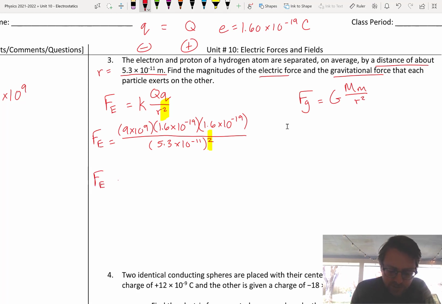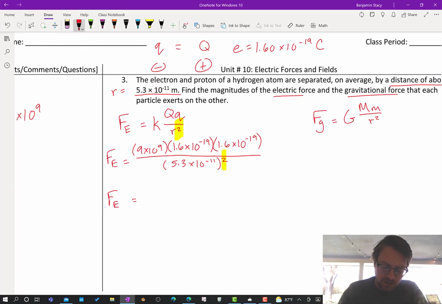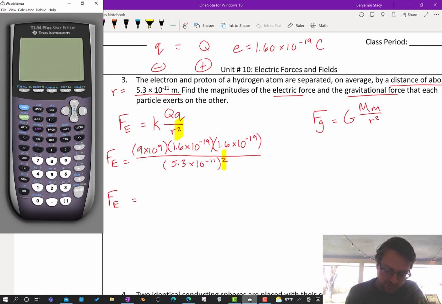All right, this time I'm just going to look at my prefixes, multiplying those prefix values. So up top I've got 9. Follow along with the calculator. 9 times 1.6 times 1.6, which should be the same as 9 times 1.6 squared.